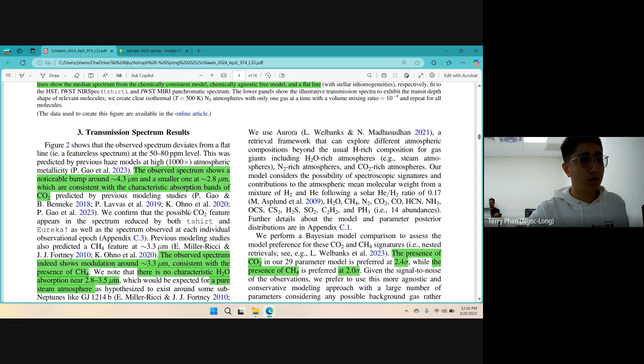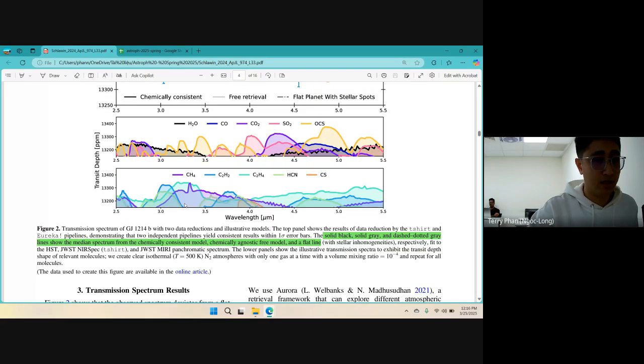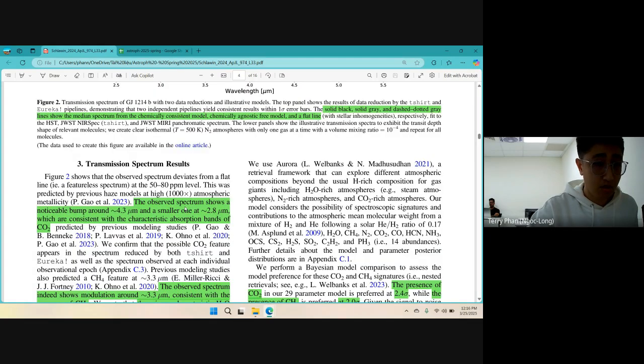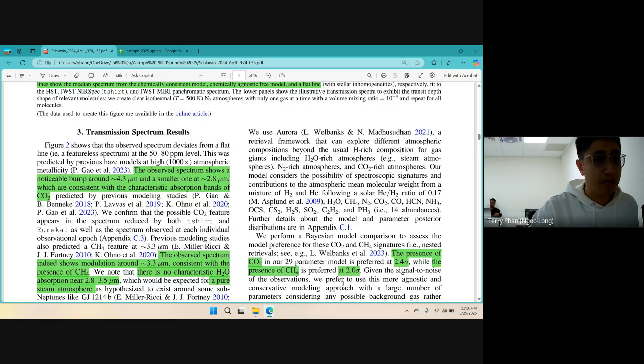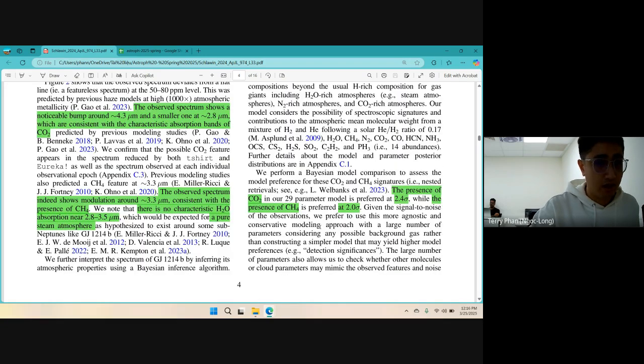And then next, to evaluate the model preference for the carbon dioxide and methane features, they implement the Bayesian model, and their result suggests the presence of carbon dioxide at 2.4 sigma, and the presence of methane is preferred at 2.0 sigma.